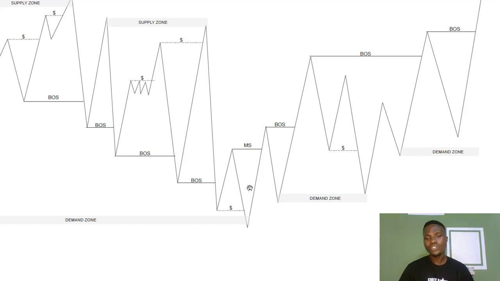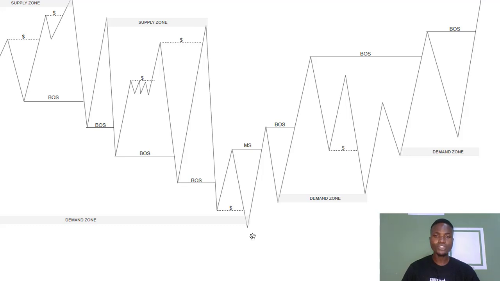All right, so now you can see that the sellers push the price down, but when the buyers took control of the market, like a little bit of reversal, one thing that I want you to understand is that if the market is creating lower highs and lower lows, we expect that if this market is going to continue, this reversal is not supposed to break through this zone.